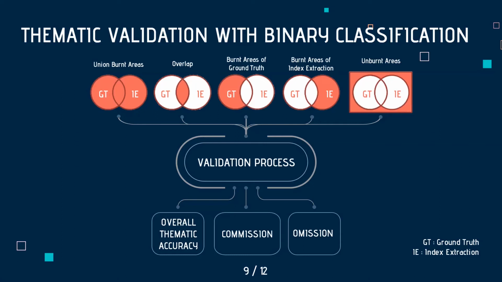For the validation, we calculated 5 indicators: the union burnt area, the overlap of the burnt areas, the burnt area of the ground truth, the burnt area of the index extraction, and the unburnt areas. All these indicators were then used to calculate the 3 final factors that we need for our validation: the overall thematic accuracy, the commission, and the omission. The commission is practically the unburnt area that the tool classified as burnt, and the omission is the burnt area that the tool doesn't recognize as such.